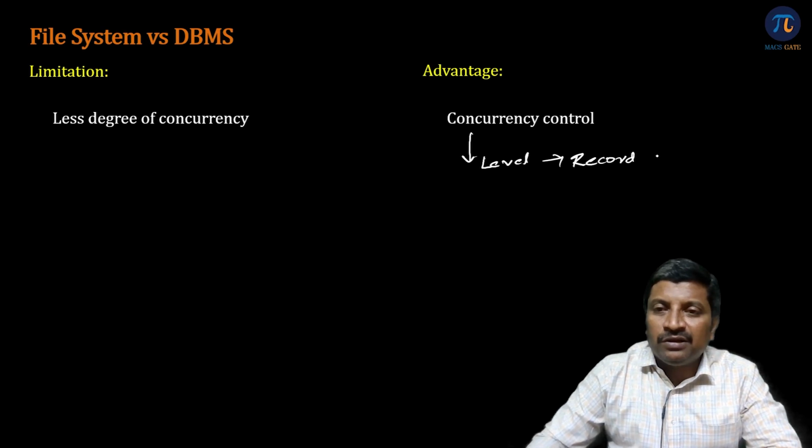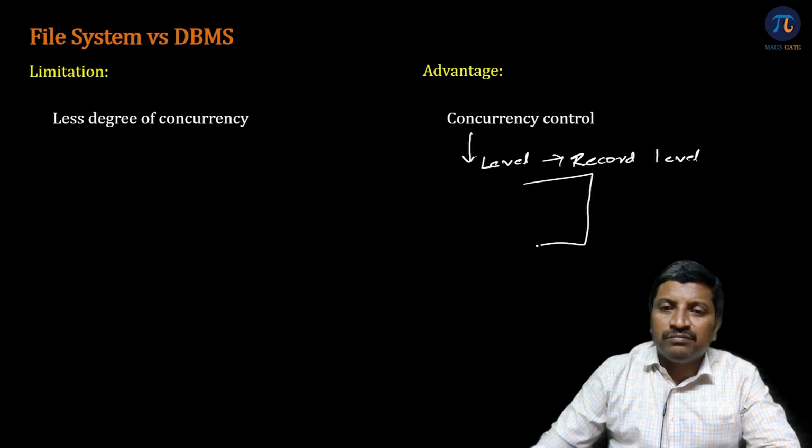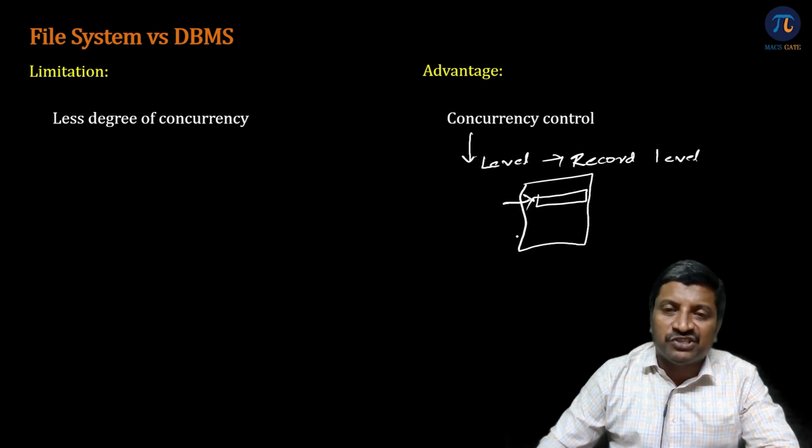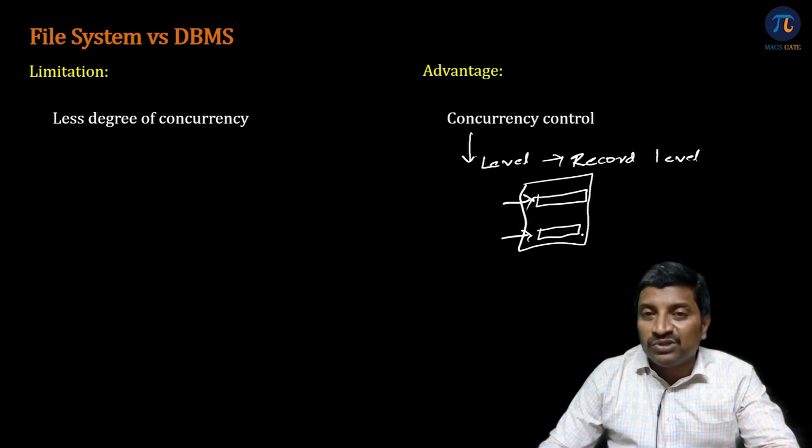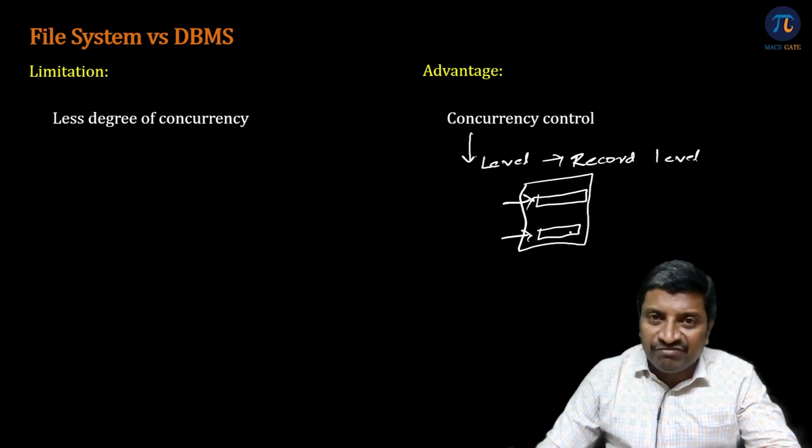At record levels. That means in the same file, if one user is accessing or updating the first record, another user can access or update the next record or another record. That means two or more users are allowed to use the same file.